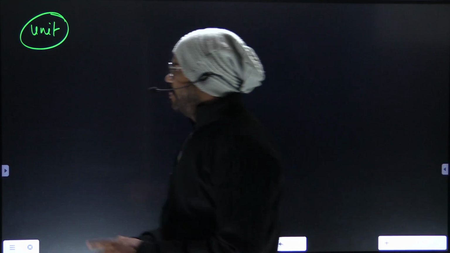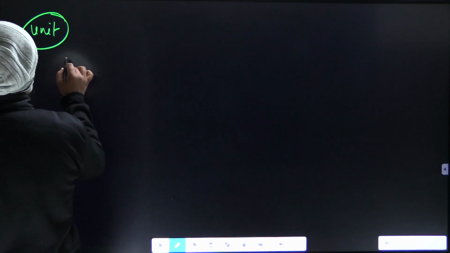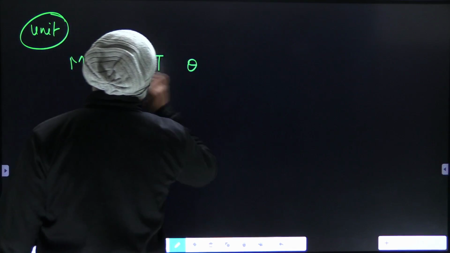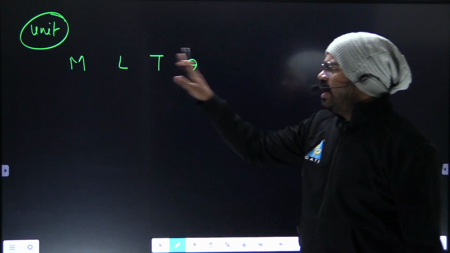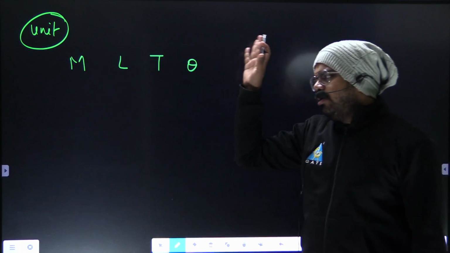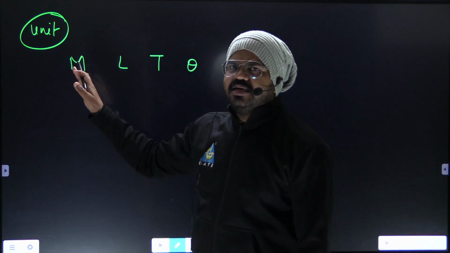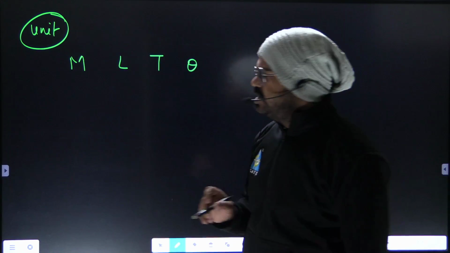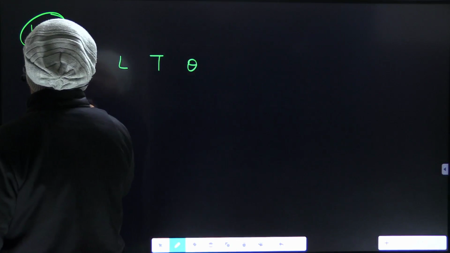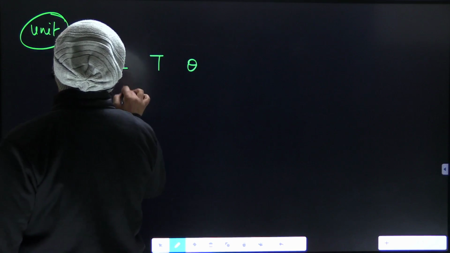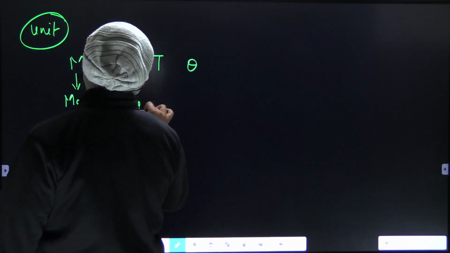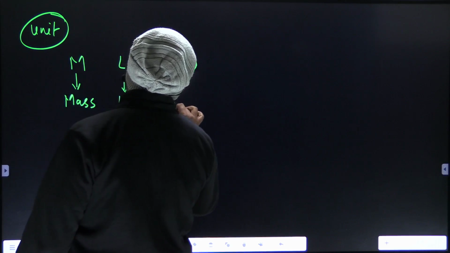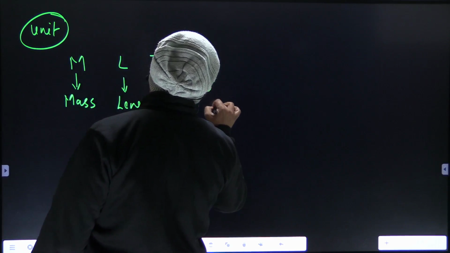See, there are fundamental units like M, L, T, theta. Being a mechanical engineer, you have to be familiar with these, and all the other units are just manifestations of these four terms. What is M? M stands for mass, L stands for length, T stands for time, and theta is for temperature.